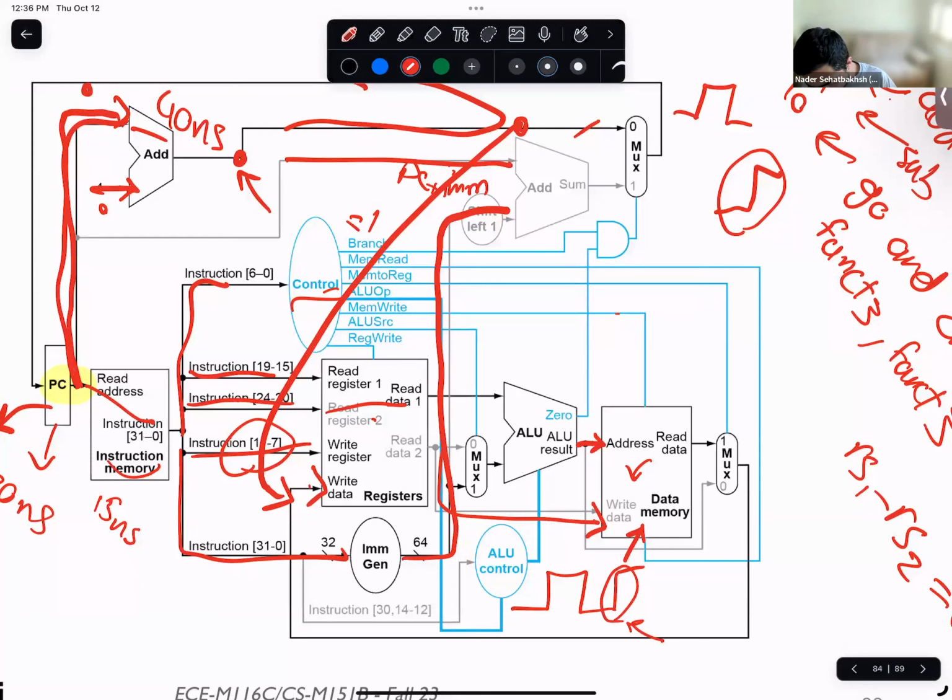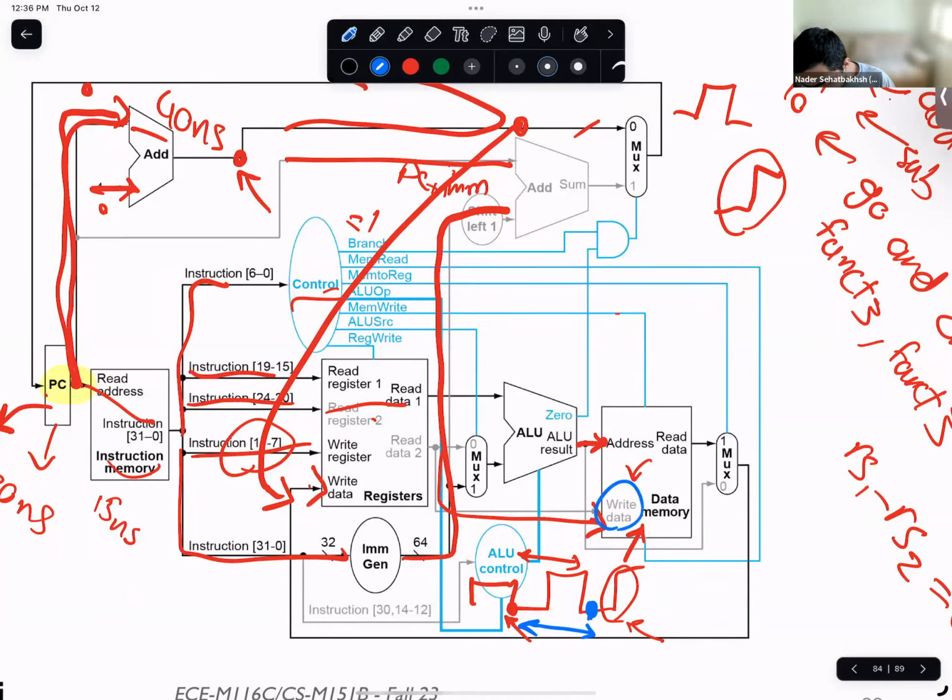So if the clock comes at this point, this is where my PC gets updated. Then there will be some propagation delay for all of these things to reach this point, probably somewhere here, so this amount of delay. All the values would be ready at this point.